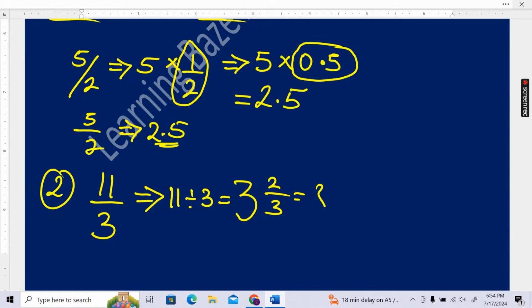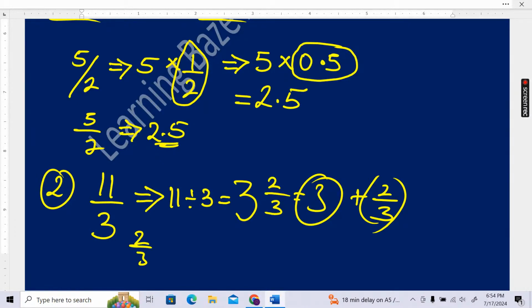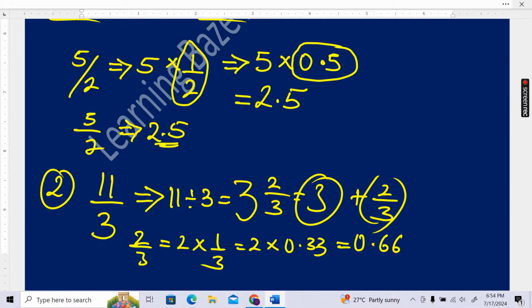So now let's keep the 3 whole number aside, plus let's look at the fraction 2 over 3. What does 2 over 3 mean? Now 2 over 3 means 2 times 1/3. So 1/3 is 0.33 repeating. Multiply it by 2 and you're going to have 0.66 repeating.